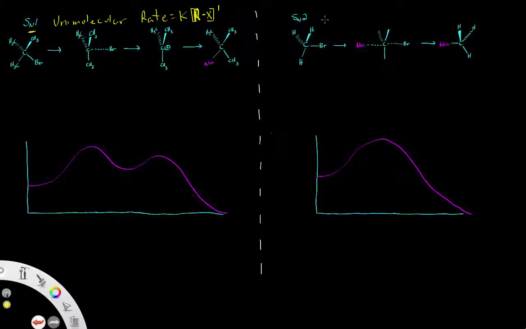Now with SN2, we are working with a bimolecular reaction, and with that we are going to show that the rate equals k, and now we are going to have two chemical species that are involved in this reaction.